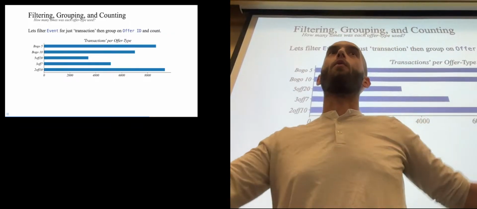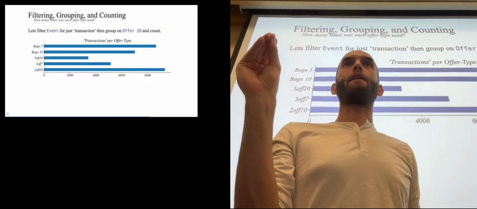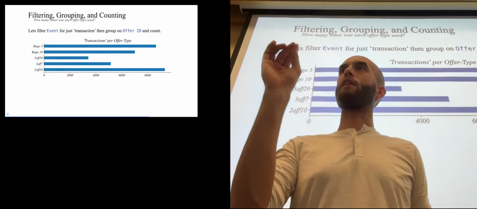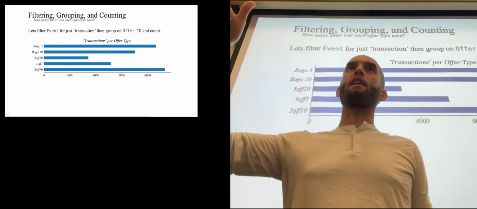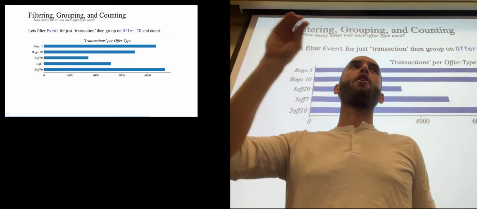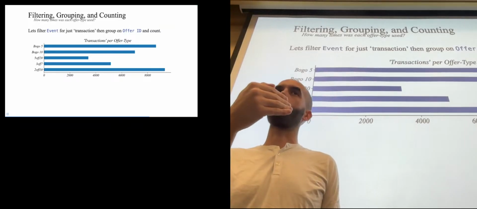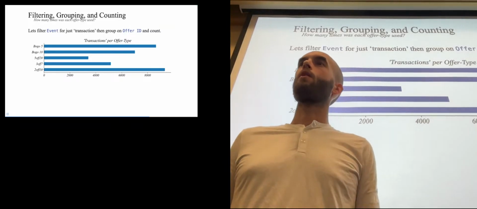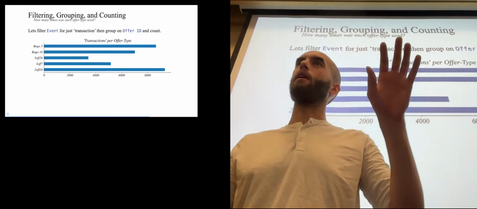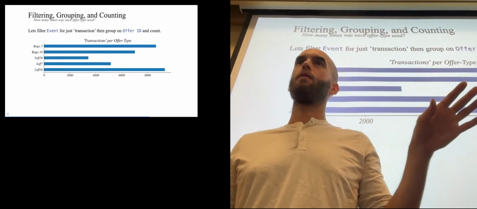So question for you. We're trying to construct a redemption rate. So how often are people using the offer when it's sent? This is a picture of how many transactions are actually taking place per offer. What else might we need? So this is maybe a math puzzle.